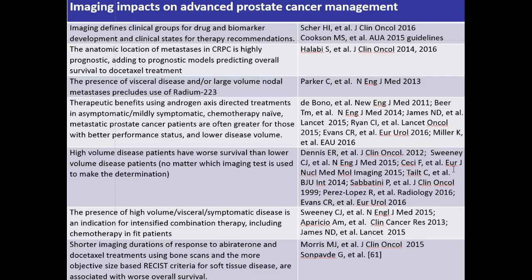And this is this paper here, which shows that the anatomical location of prostate cancer is highly prognostic, adding to prognostic models predicting overall survival of patients being treated with docetaxel.